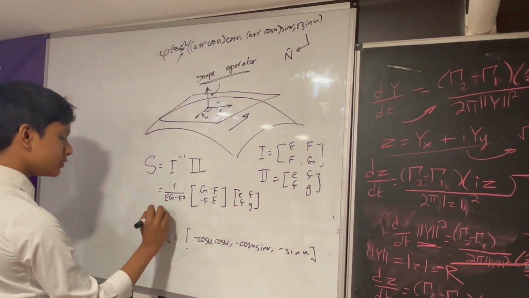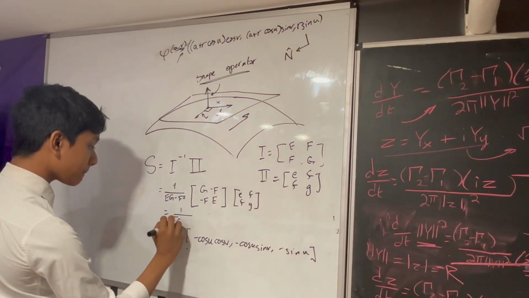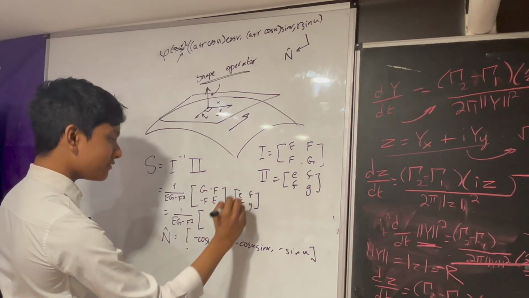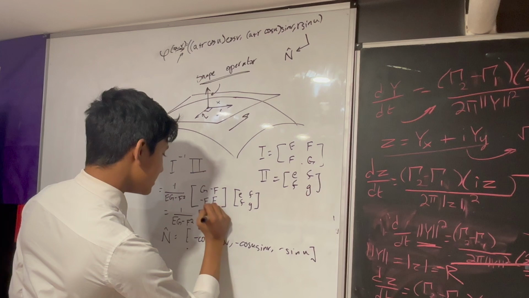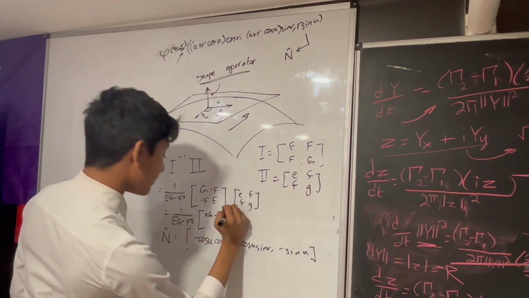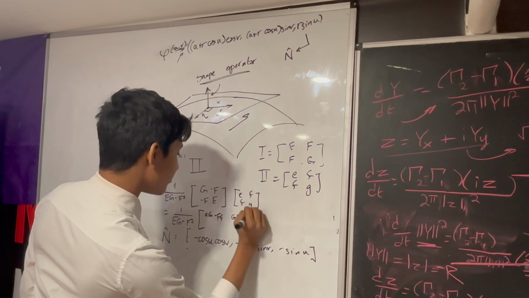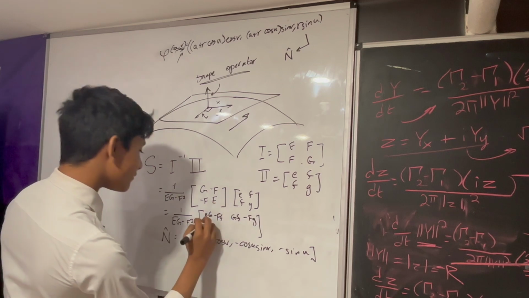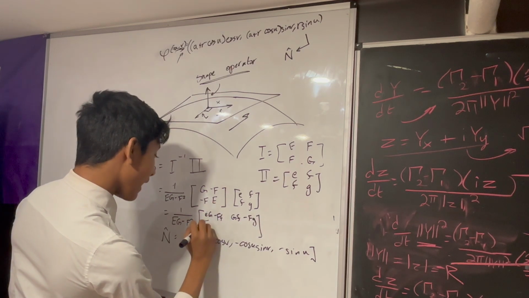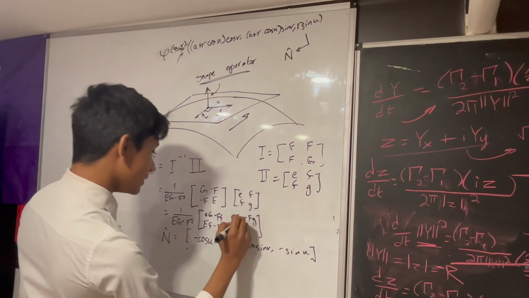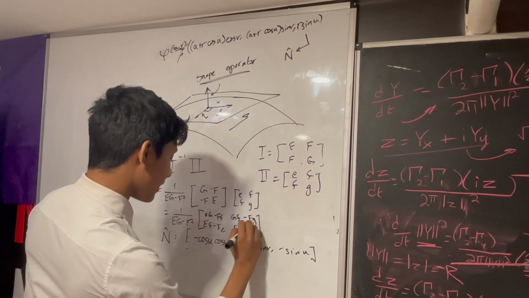Multiplying these two gives G times little e minus F times little f, G times little f minus F times little g, minus F times little e plus E times little f, and E times little g minus F times little f, all over EG minus F squared.